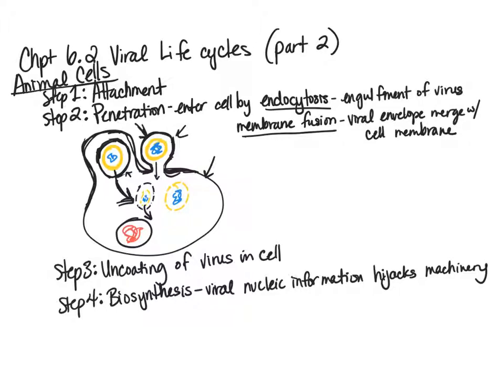So in step 4, we have biosynthesis. And then in step 5 is when we have assembly. So assembly, again, just like we saw with the bacteriophage, is when our new viral particles are going to be assembled.